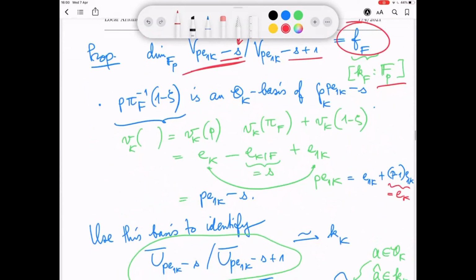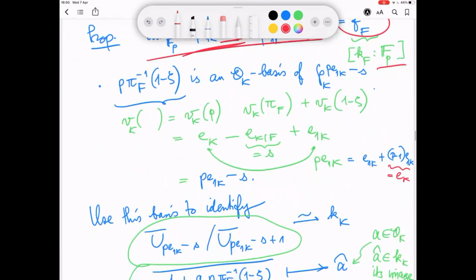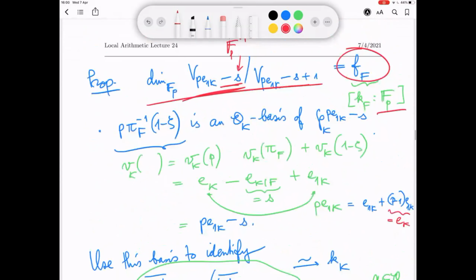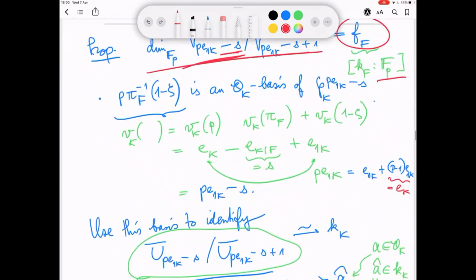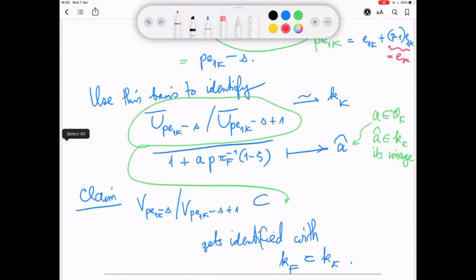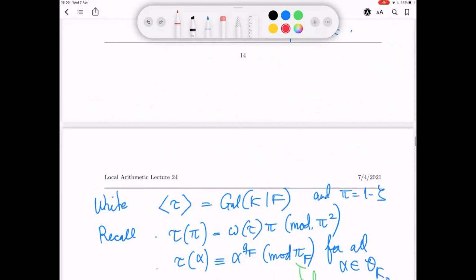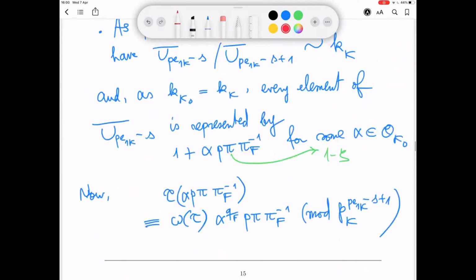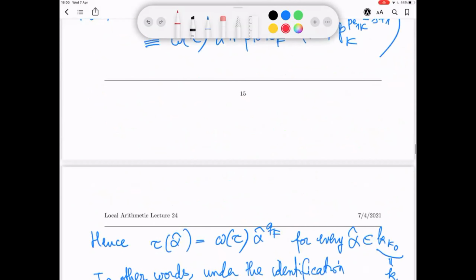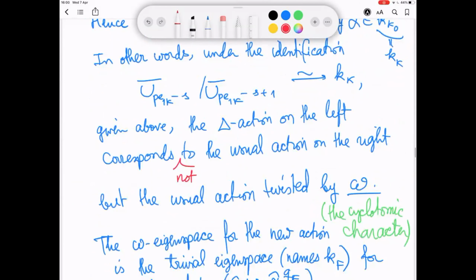So here's the proof that this is of degree FF. So okay, let me just give you an outline of the proof. It's a complete proof, but I think it's a somewhat long and complicated proof, right?